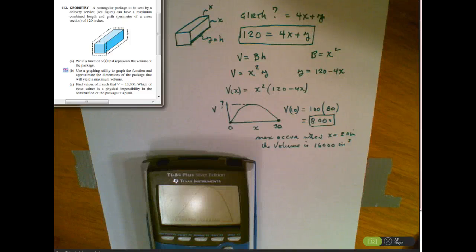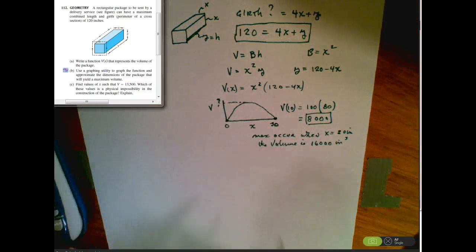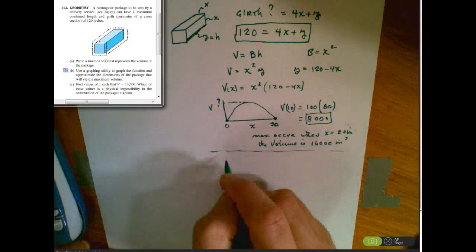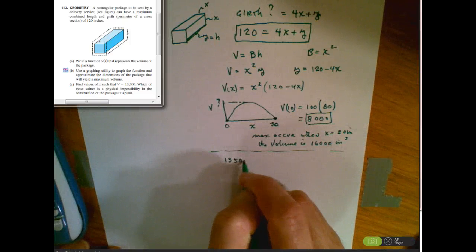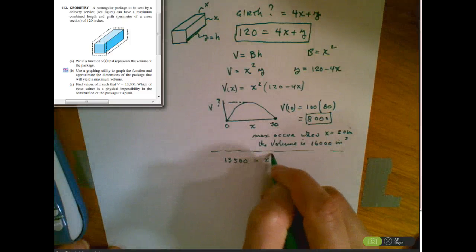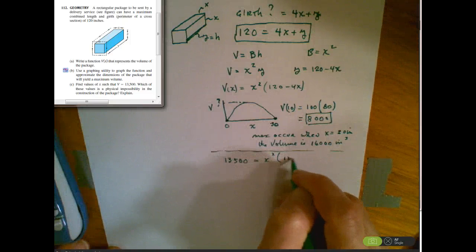Okay, so find values of x such that V is 13,500. And which of these values is a physical impossibility? So really what we're looking for here is, it says, find when the volume is 13,500, and we're going to find the x value that makes that happen.